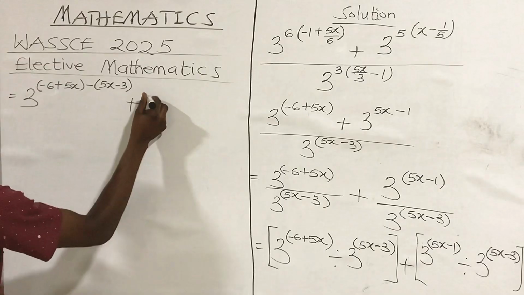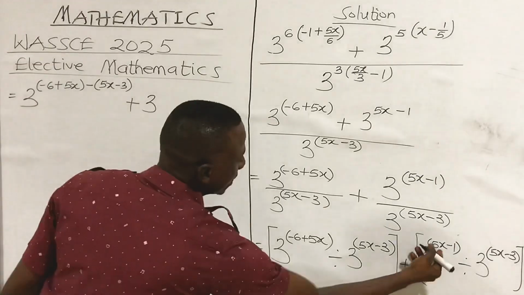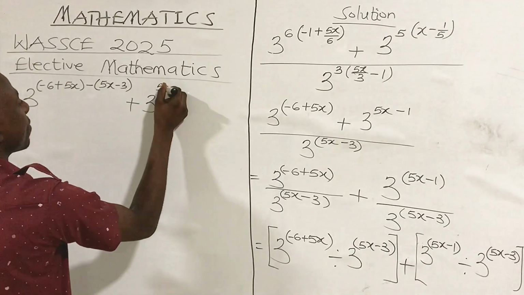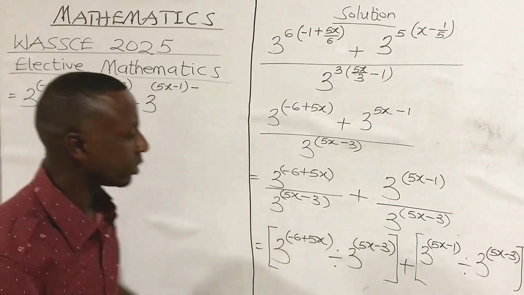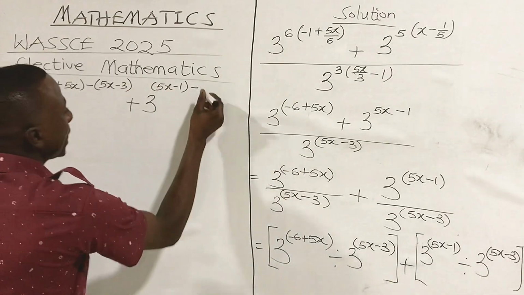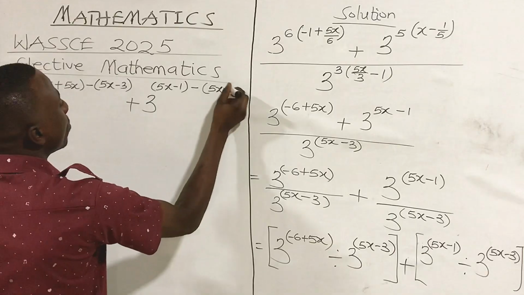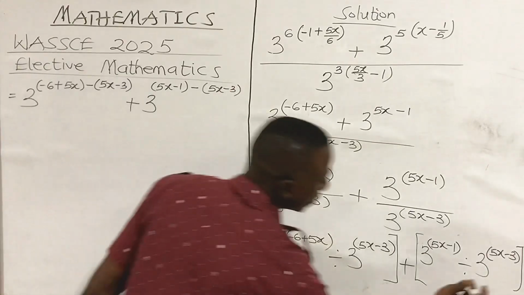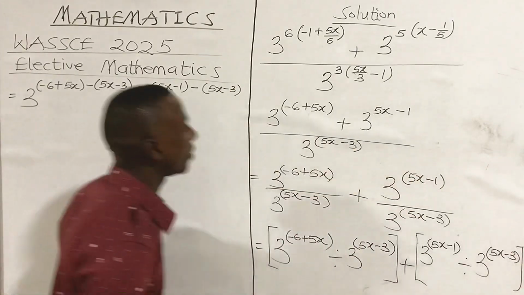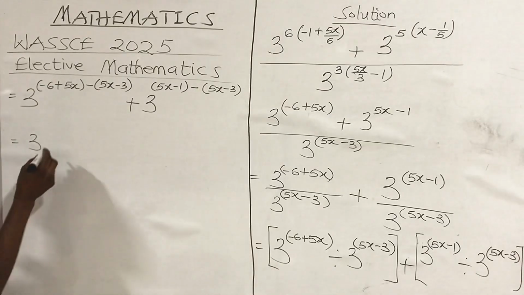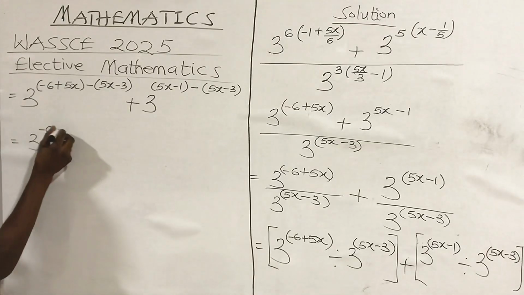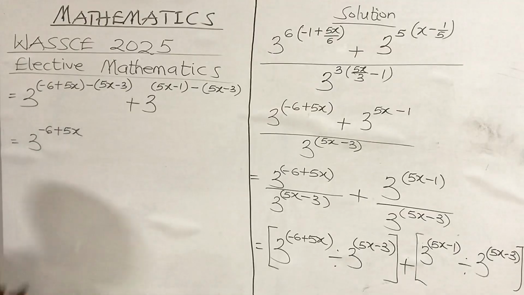Plus 3 exponent 5x minus 1, that one also minus the other exponent, 5x minus 3.